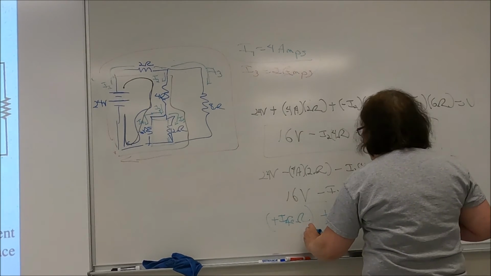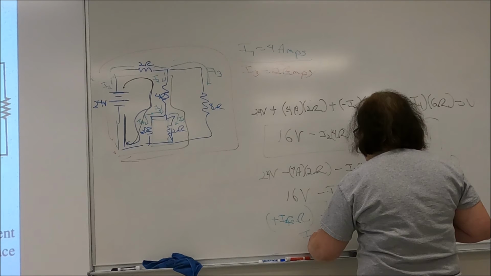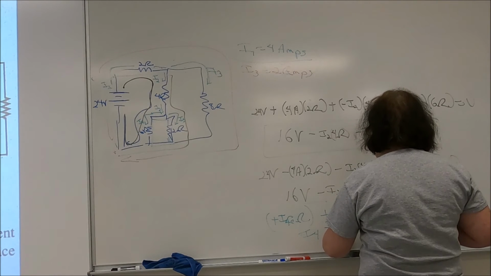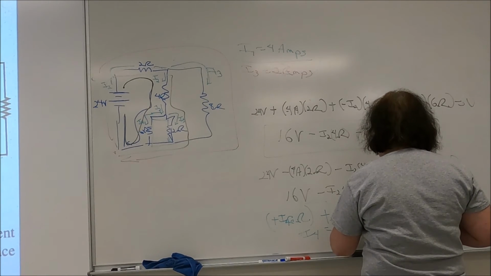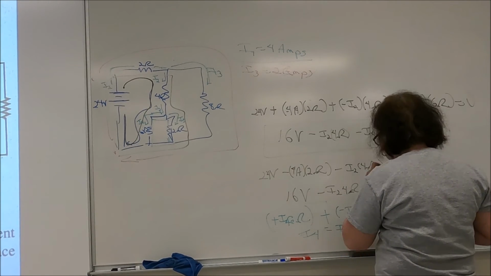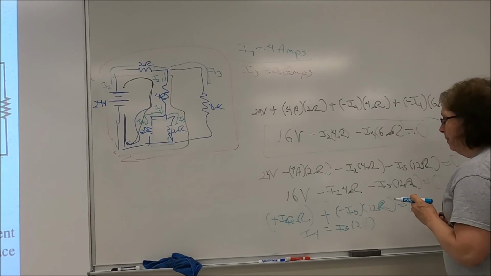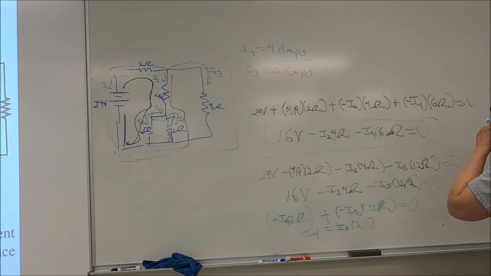Okay, so now what I know is that I4 is equal to I5 times 2.